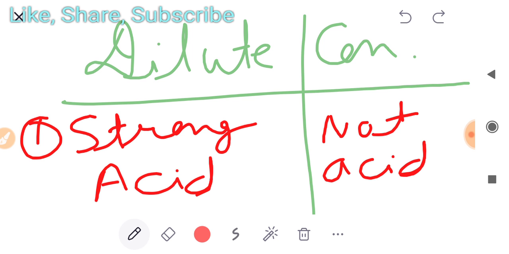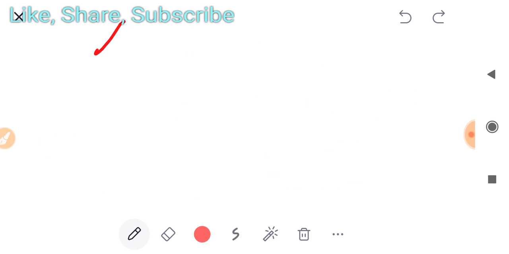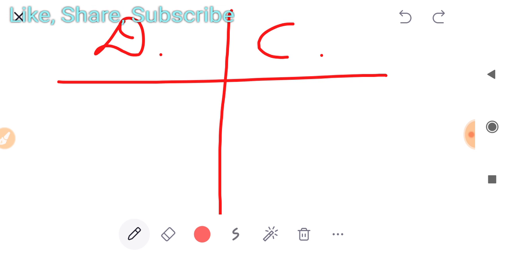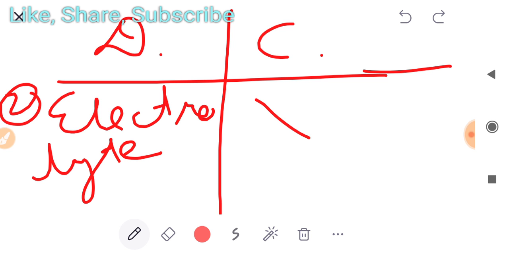In its concentrated form, it does not act as an acid. I will write this in a short way, dilute and concentrated H2SO4, with my hand on the small board. Second is electrolyte. Dilute acts as an electrolyte because it dissolves into ions, and concentrated does not act as an electrolyte.